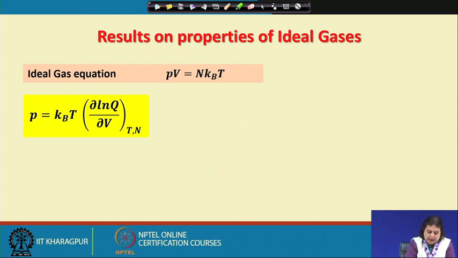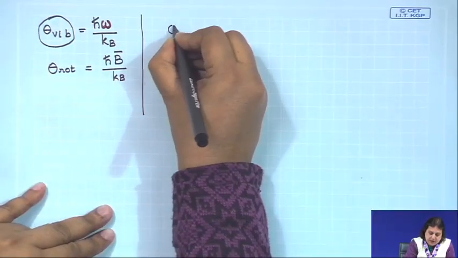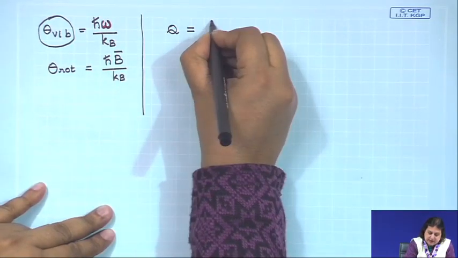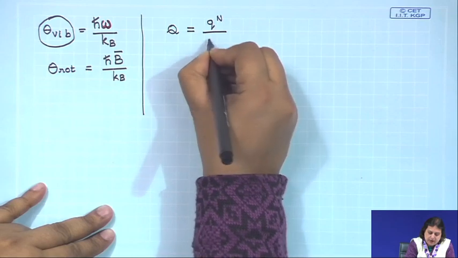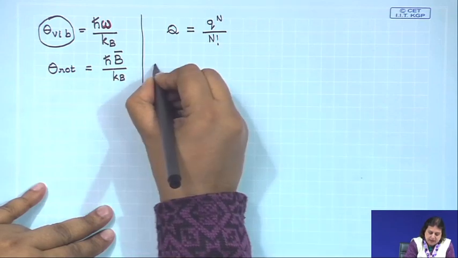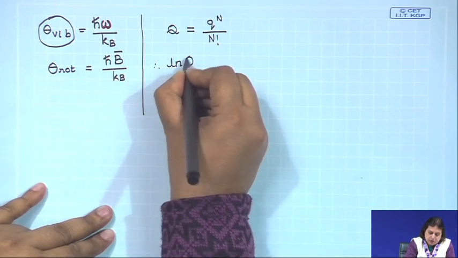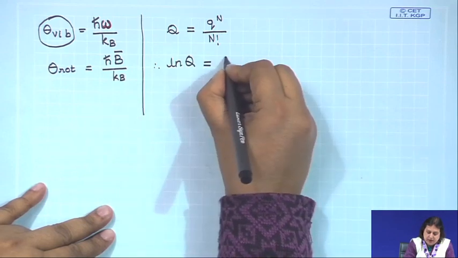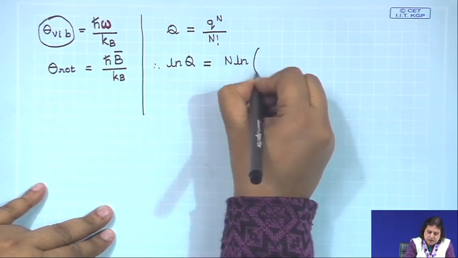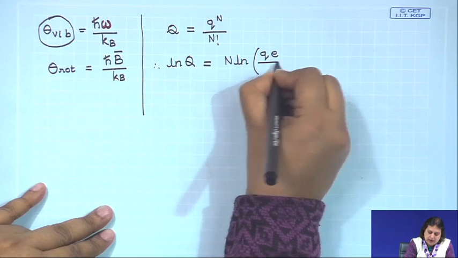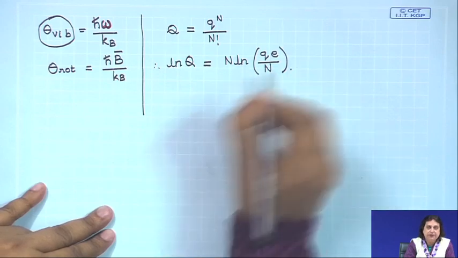Now, if I go back and write down what capital Q is for an ideal gas, that is small q to the power of N divided by N factorial. Therefore, we could show that ln Q is equal to N ln q plus N under Stirling's approximation.